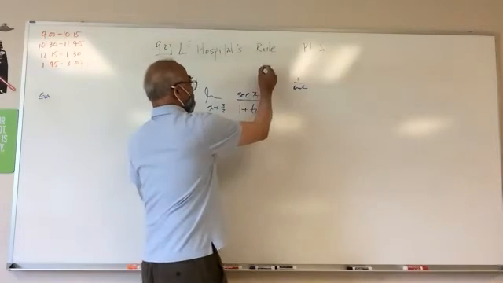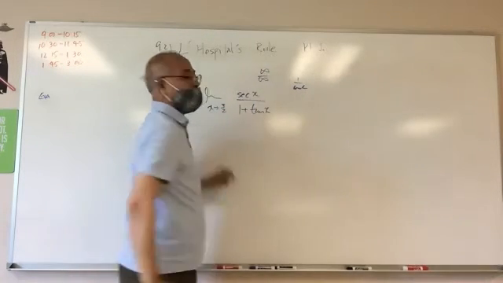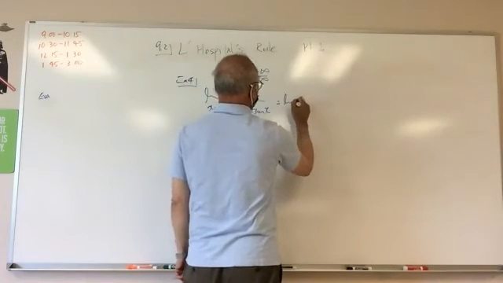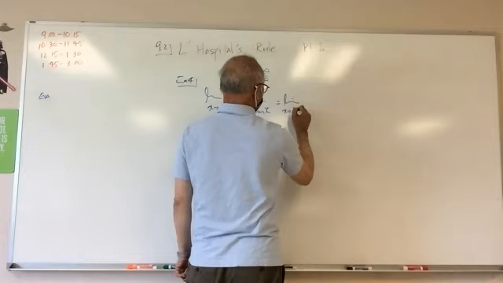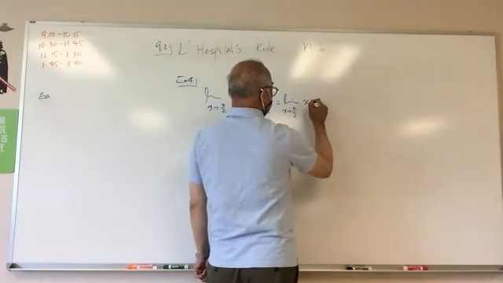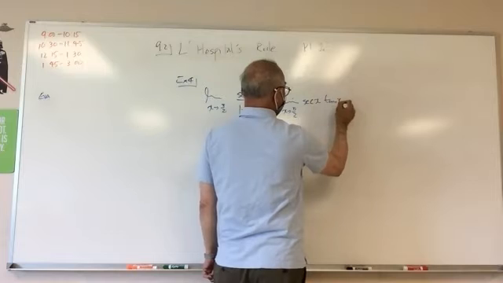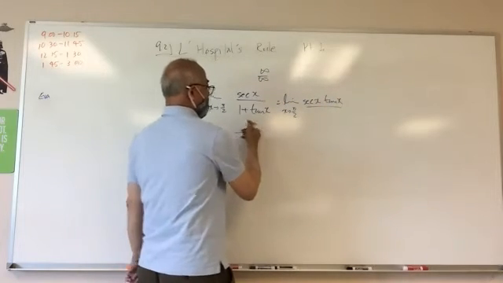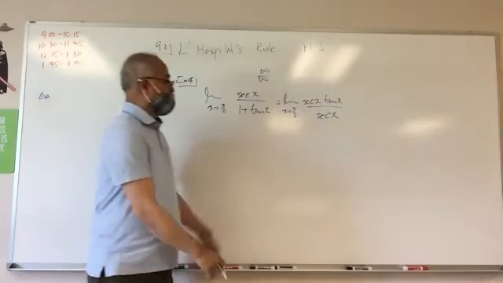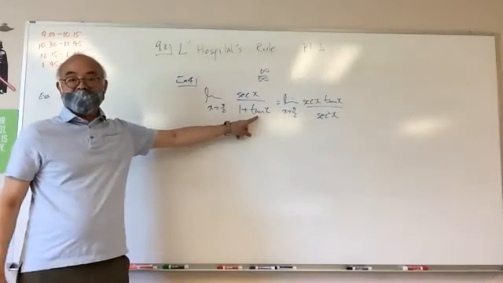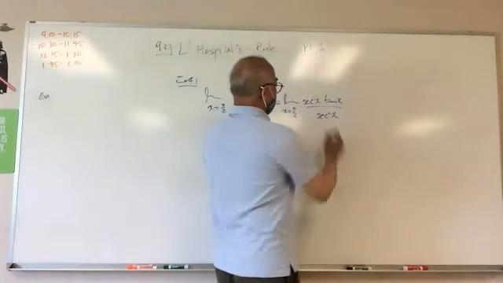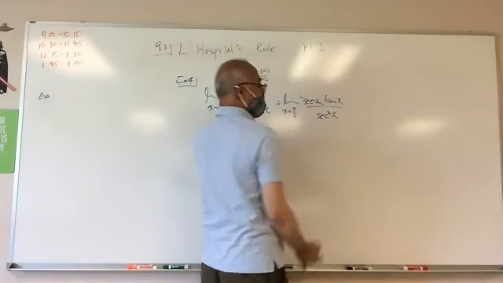So this is an infinity over infinity form, and I take the derivative of both top and bottom. The derivative of secant x is secant x tan x. The derivative of tangent is secant squared x. So this cancels out, and this cancels out.